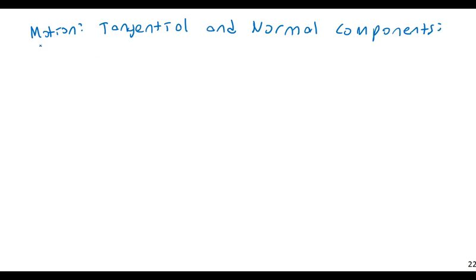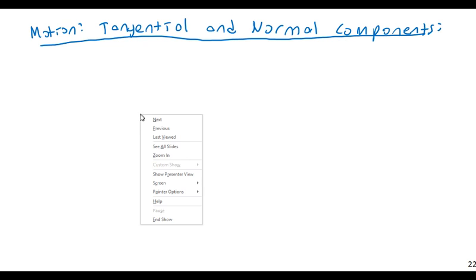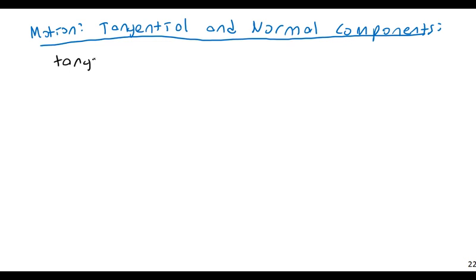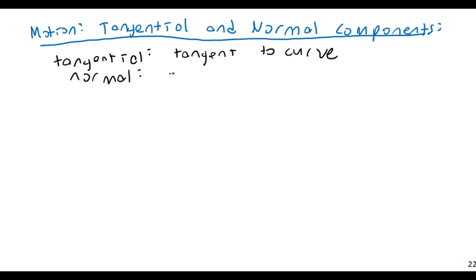Previously, we looked at breaking motion down into x and y components, but we can also break it down into tangential and normal components. Tangential, of course, is going to be tangent to the curve. And normal, of course, will be normal or orthogonal to the curve.